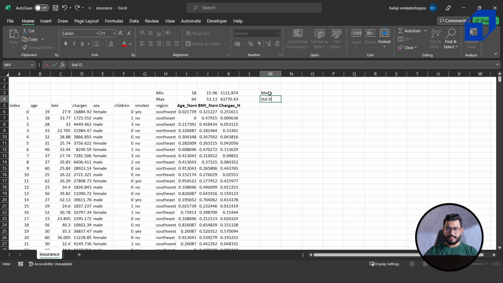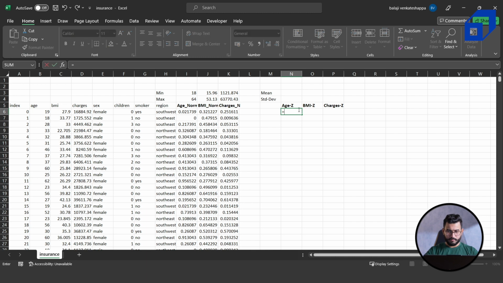Once I do this, let's do this first of all. This will be my age-z, and this will be my BMI-z, and charges-z. Now let's apply the formula.